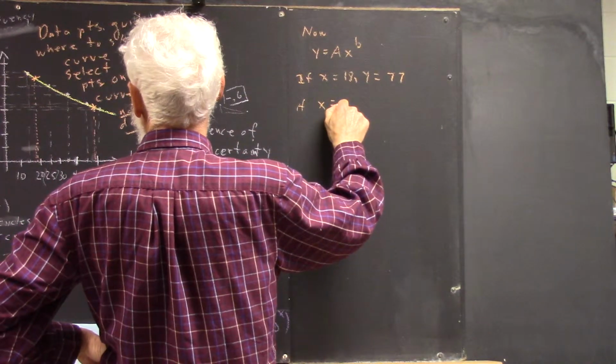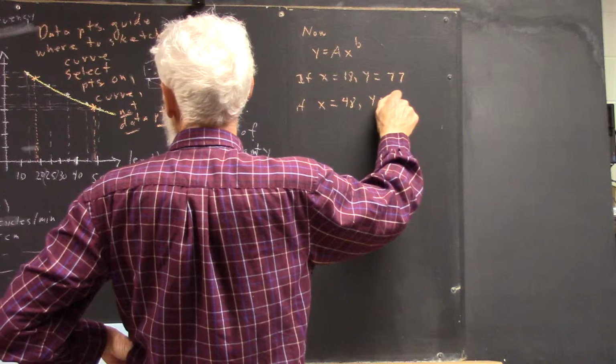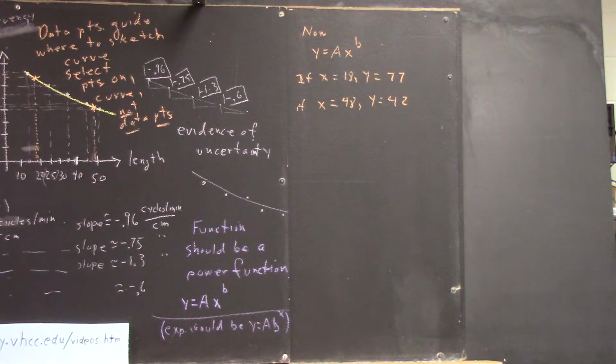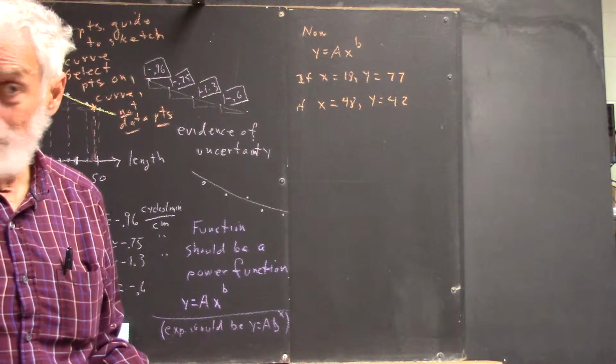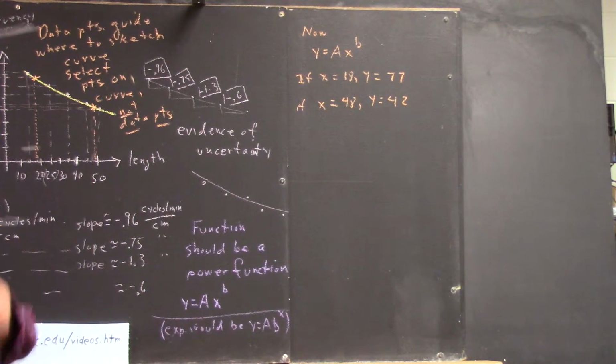If x equals 48, y equals 42. I think that's what I said, but that's what I'm seeing right now, so that's what we're going to work with. We get those from just picking 2 points on the curve and doing a good estimate of their positions, right? Okay?